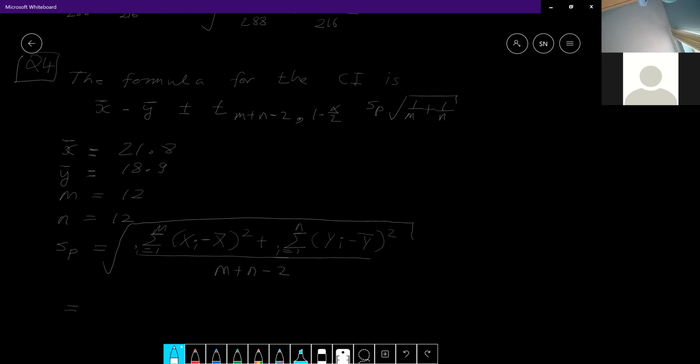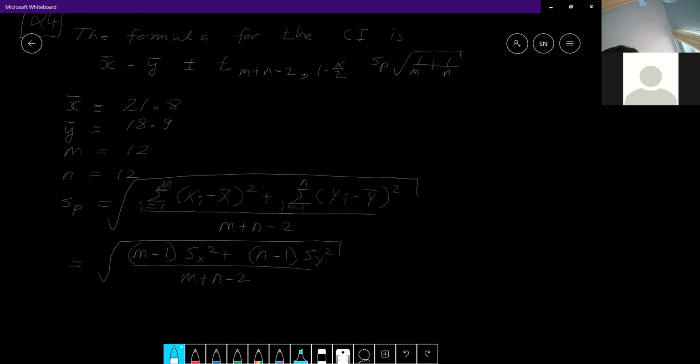Now this can be written using the definition of sample variance. You can write this in this form too. Right. Now, you know what M is. M is 12.